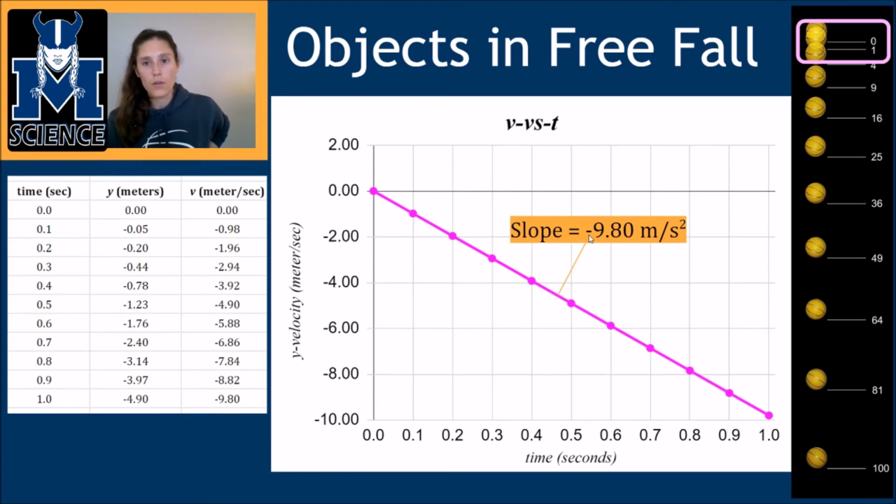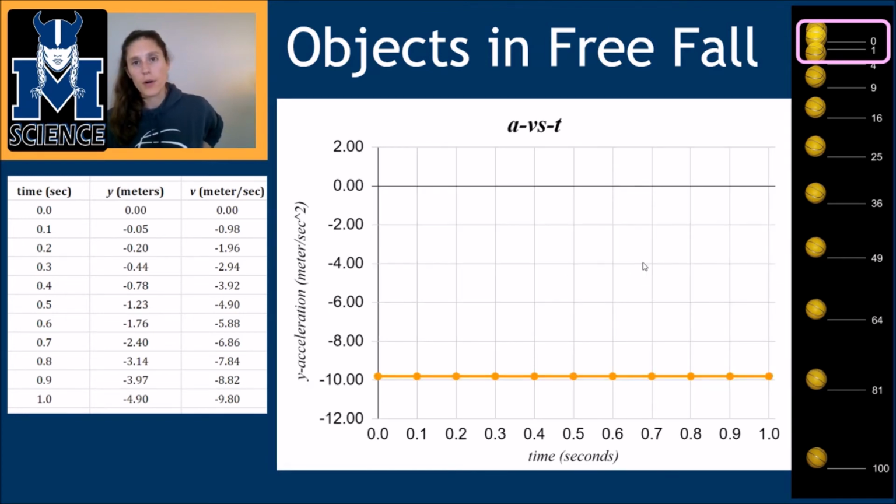We found from fitting the parabola to our data previously that that acceleration was negative 9.8, and we know that the slope of our v versus t graph is our acceleration. Then if we were to make an acceleration versus time graph, not super exciting. You have a straight horizontal line at negative 9.8 meters per second squared.